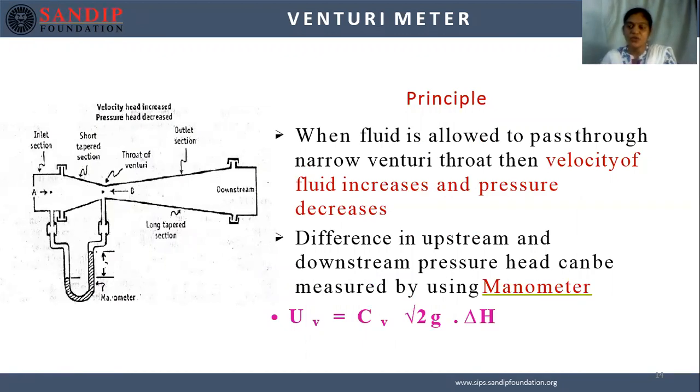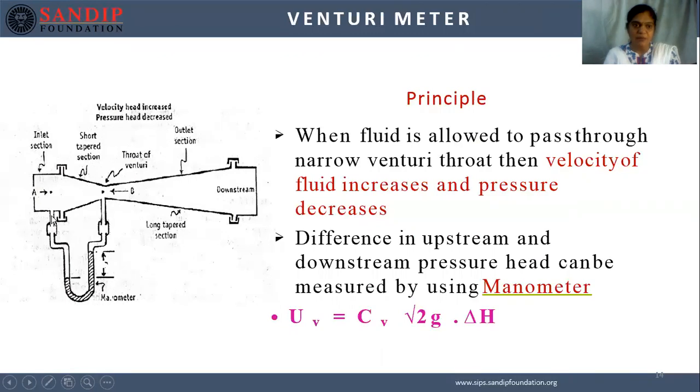Now this Venturimeter is based upon the principle that when the fluid is allowed to pass through the narrow venturi throat, the velocity of fluid increases and the pressure decreases, and the difference in the upstream and the downstream head can be measured with the help of the manometer.